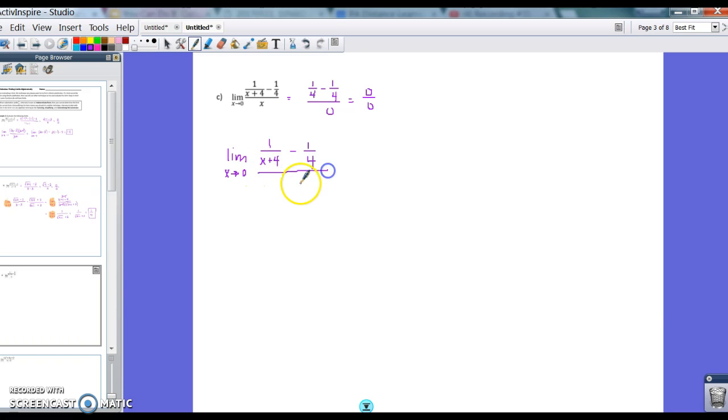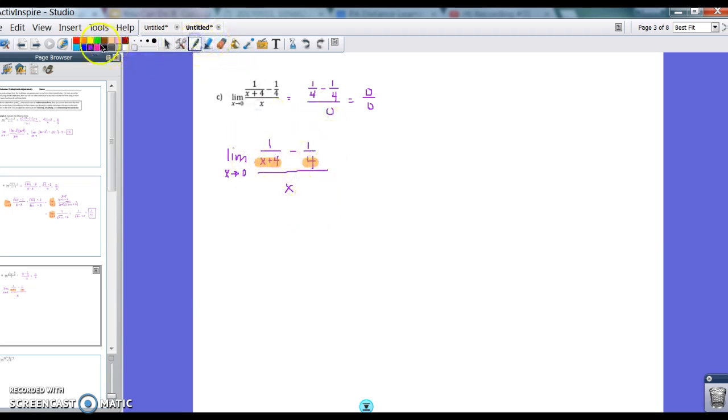And if you remember back when we talked about simplifying complex fractions, we said take all of your denominators within the fraction itself. So we have x plus 4 and 4. So that is going to be what I multiply every single term in the fraction by.